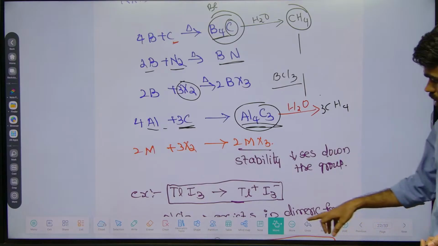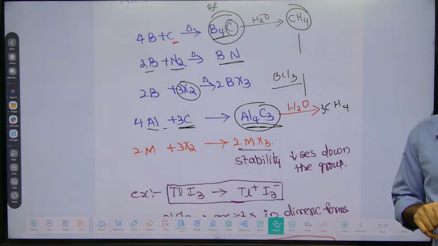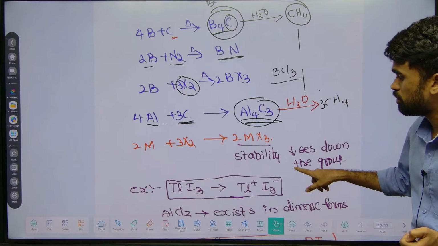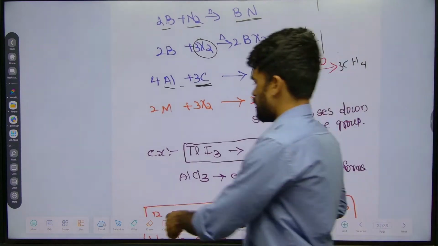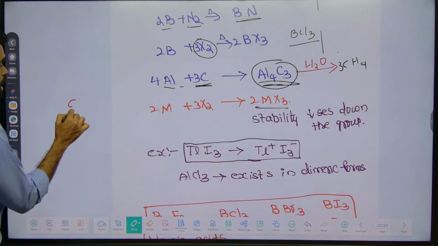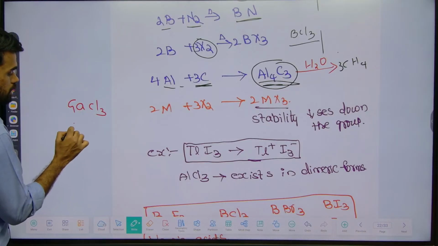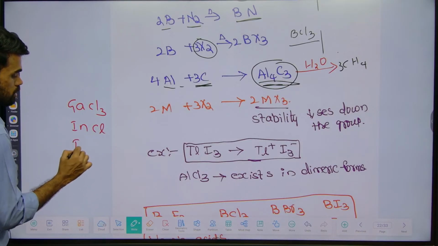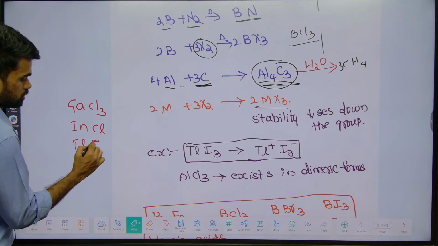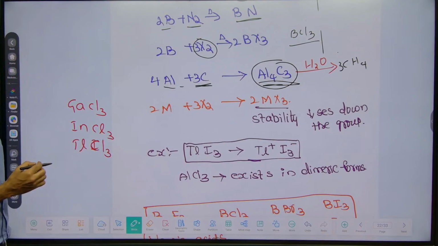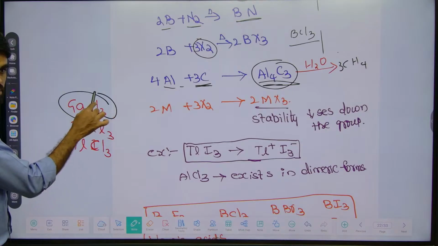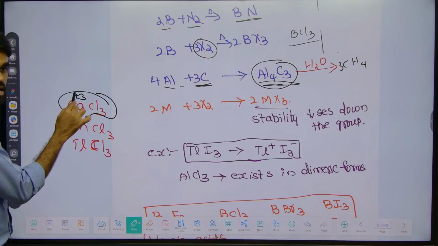Okay. So do you remember inert pair effect once again? Now tell me, I have all halides like gallium chloride, indium chloride, thallium chloride. Which is more stable? Gallium chloride is more stable because of +3 oxidation state.